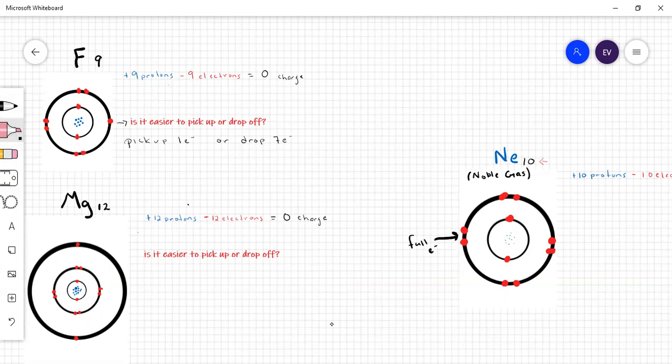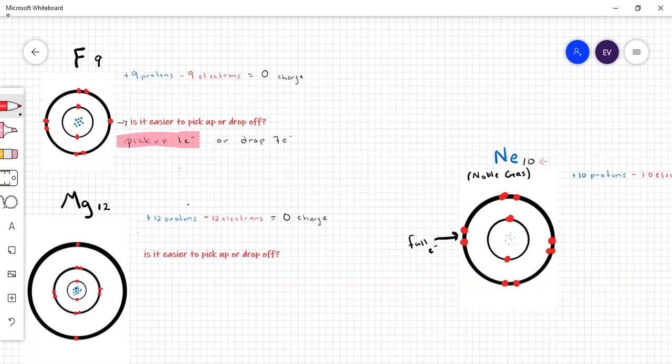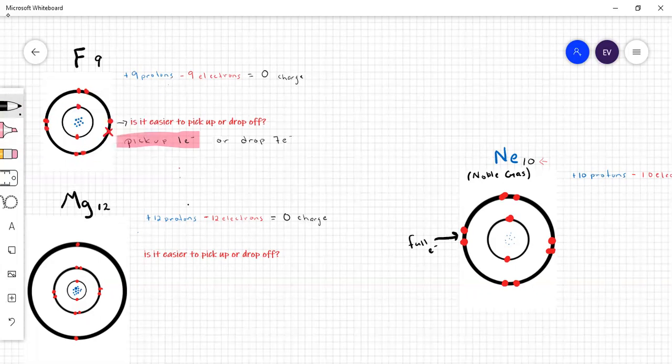So in terms of energy, what's going to be easier? It's going to be easier to pick up just that one electron. So that's what fluorine's going to do. It's going to go out and find that one electron to have a full outer shell. So I'm going to mark that as an X so you can see that that's the one that it picked up. So let's label that here as a picked up electron.